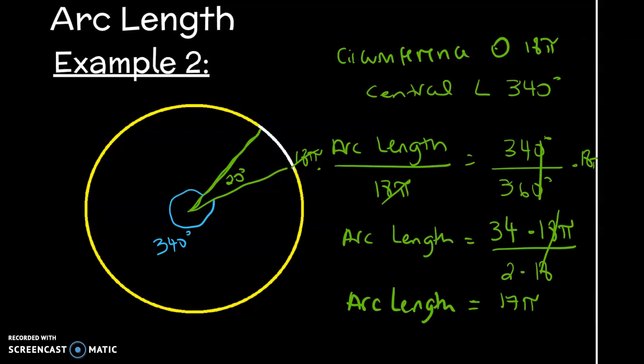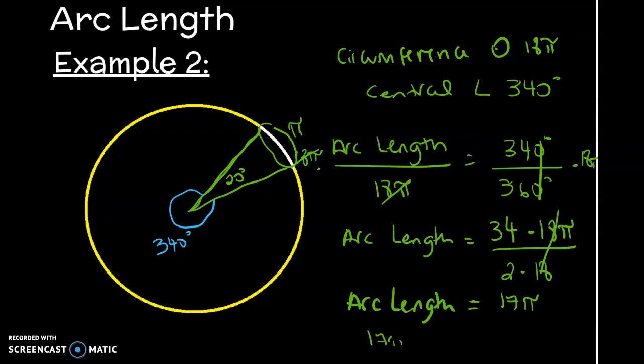Now, remember that in the previous example, we figured out that this portion of the circle here was pi. Now, the entire circumference is 18 pi. So if we're taking a look at the rest of it, doesn't it make sense for the remainder to be 17 pi?